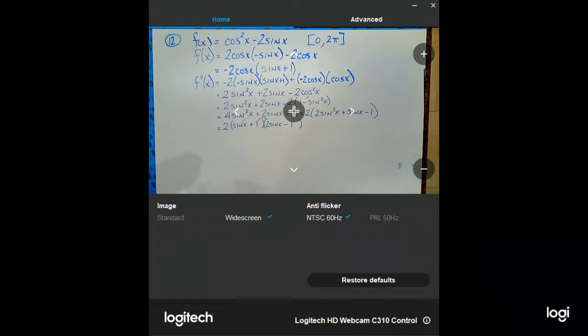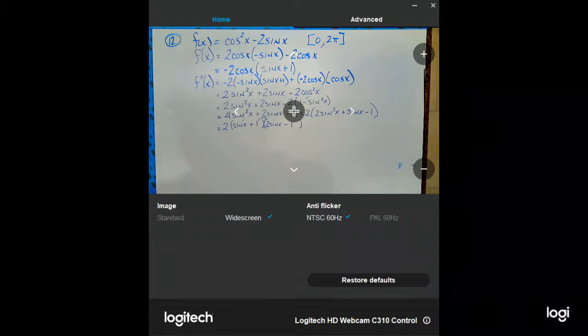Now what am I going to do about this? Well, I've used up most of my whiteboard space here taking care of this. So I'm going to jot these down over here on the side where you can't see them, but you have them in your notes, so we can make use of these. So give me just a second here. I've got f prime of x, turns out to be negative 2 cosine x times sine x plus 1.